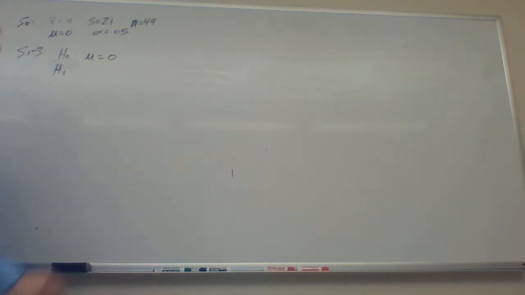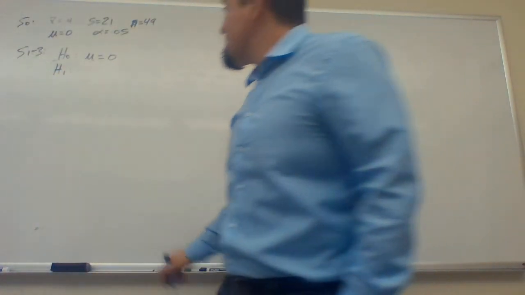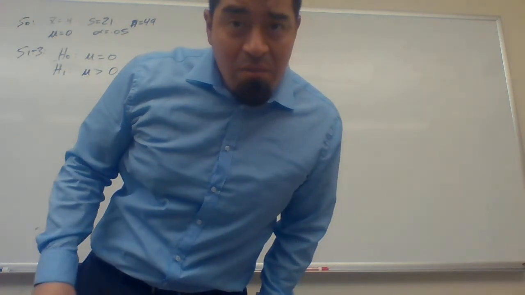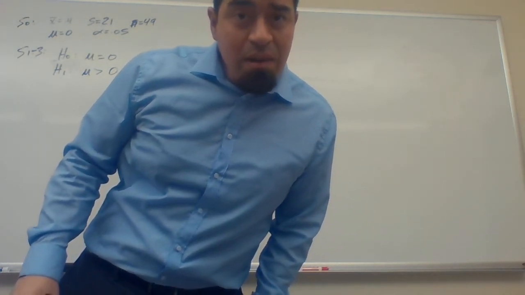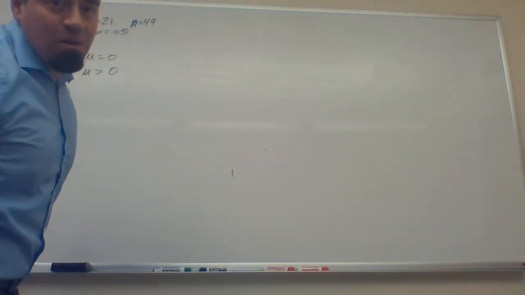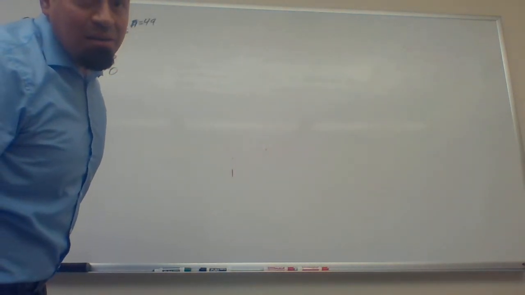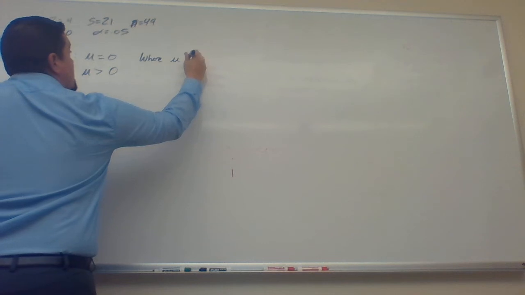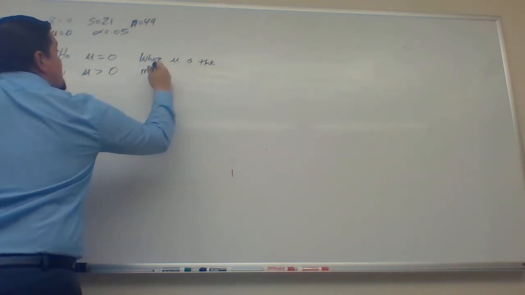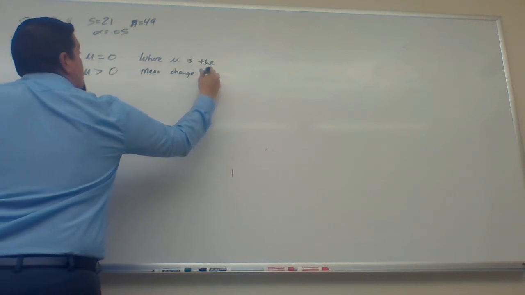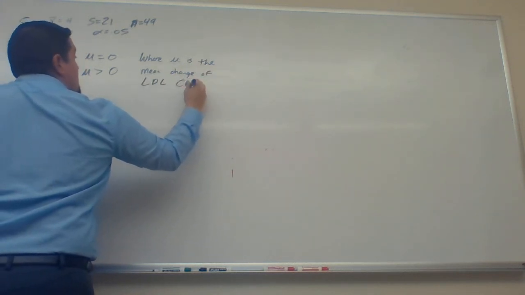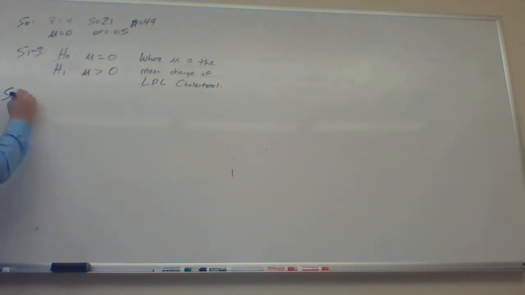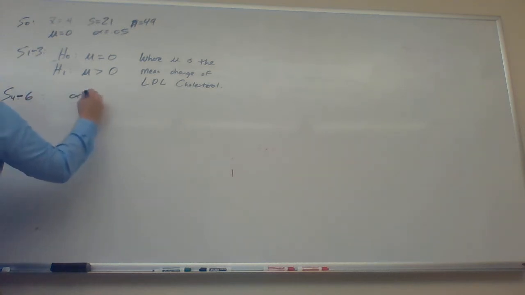Your alternative says that the mean change is greater than 0, and then define the mean: changes in low-density lipoprotein, LDL cholesterol, where mu is the mean change of LDL cholesterol. Okay, so that's done.